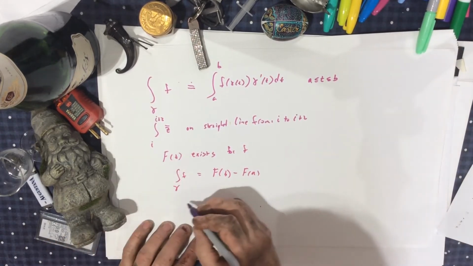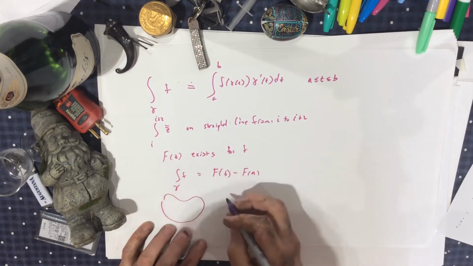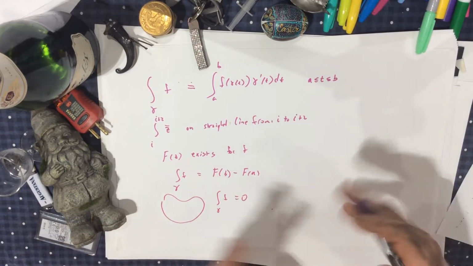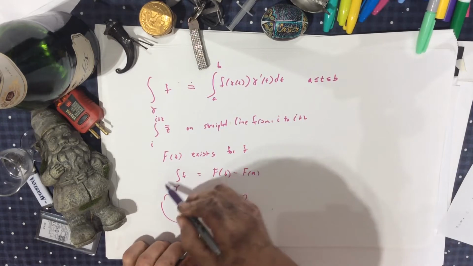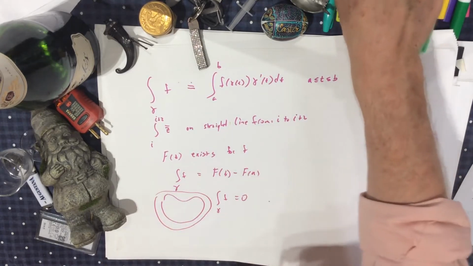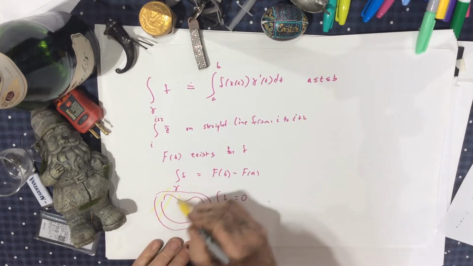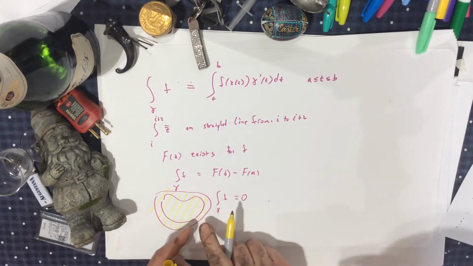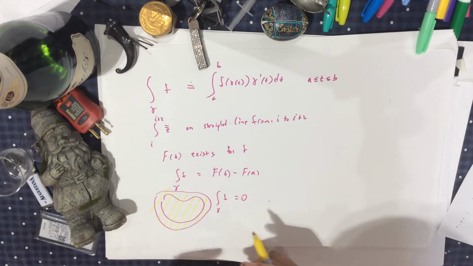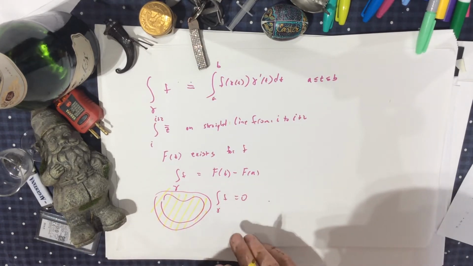And a consequence of this is if you have a closed loop, then the answer becomes 0. So that's really nice. But you need the function to be holomorphic inside of this whole area in order for this to happen. And the fundamental idea is contractibility to a point or independence of path, things of that sort.